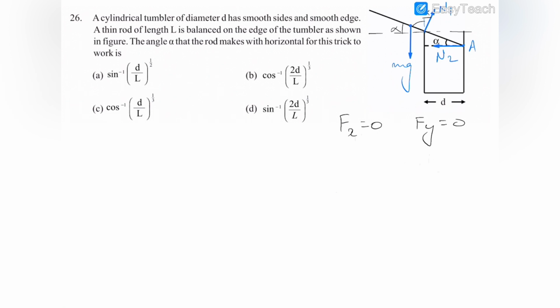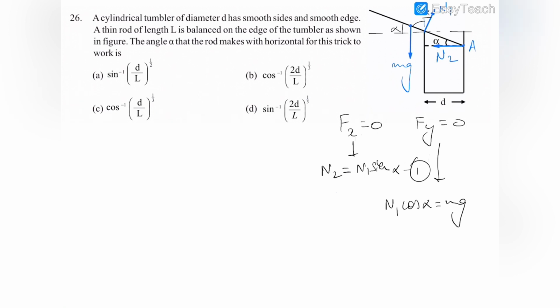So balancing the net force in the x-axis, N2 is equal to N1 sine alpha. This is the component of N1. This is the first equation. Now if we balance the forces in the y direction, then N1 cos alpha will be equal to mg. This is the second equation.